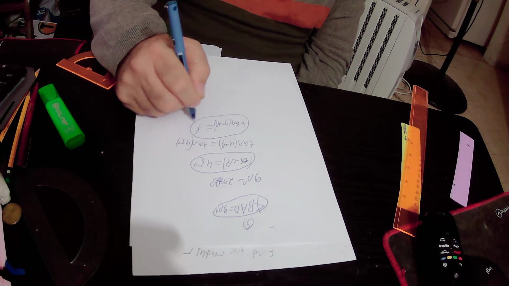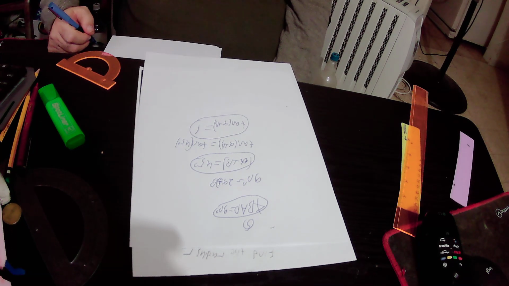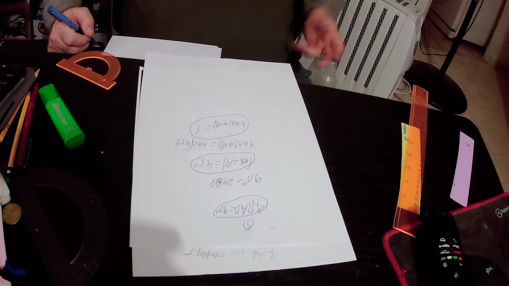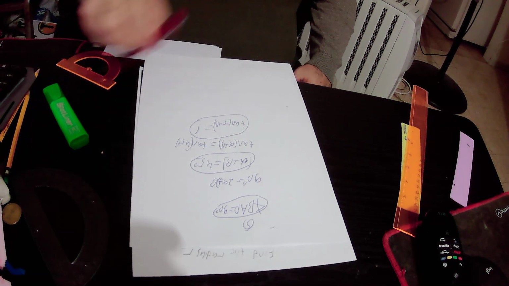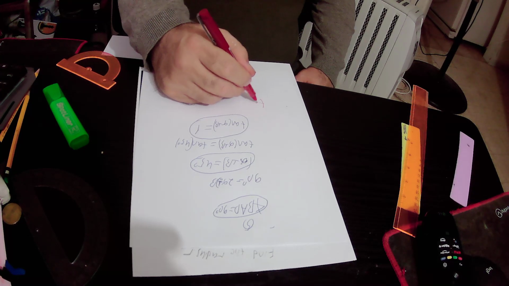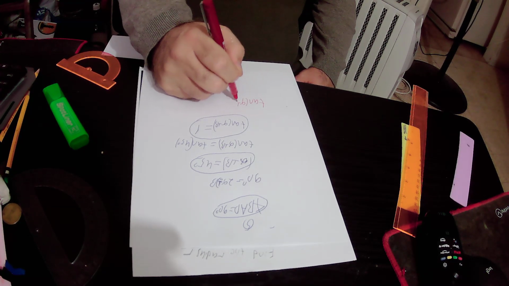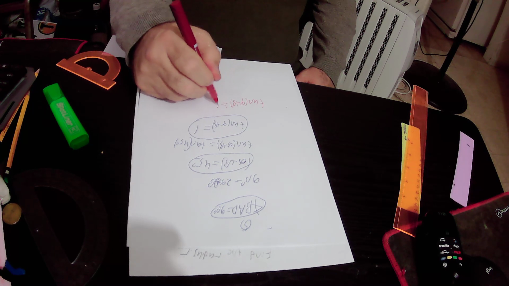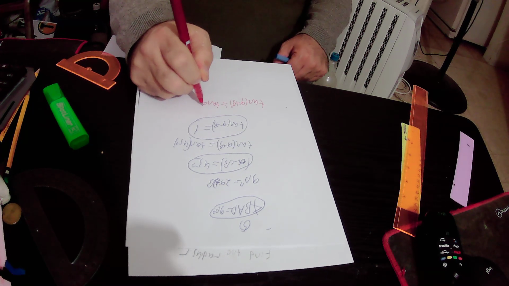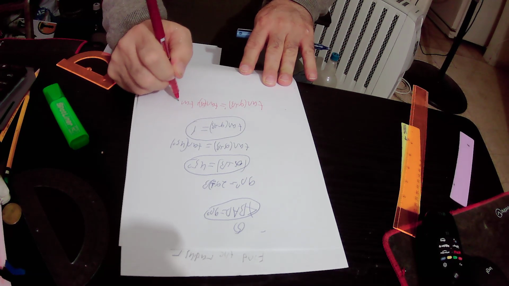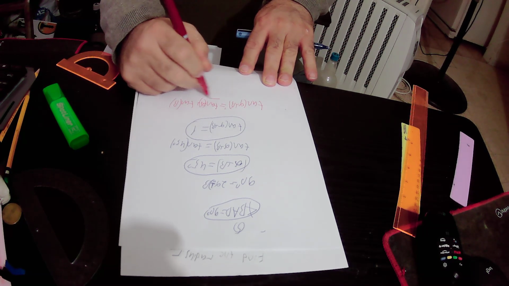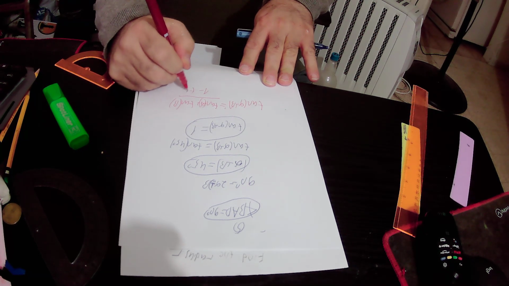But actually we have a trigonometric identity for tangent of alpha plus beta. The trigonometric identity for tangent of alpha plus beta is tangent alpha plus tangent beta over 1 minus tangent alpha times tangent beta.